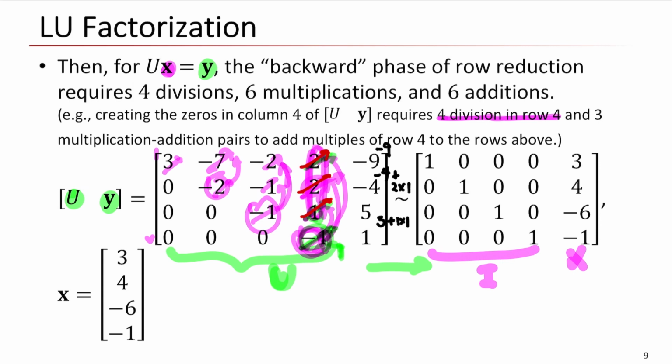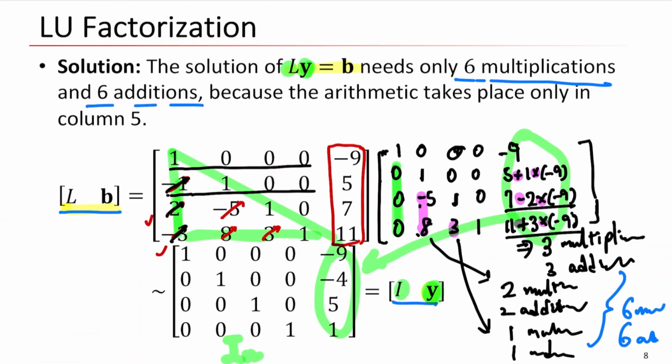And -9 plus 2 times 1, something like that. So here there is the 4 division, 3 multiplication, and 3 addition, right? Similar to here, right?